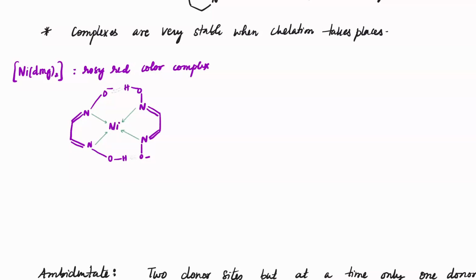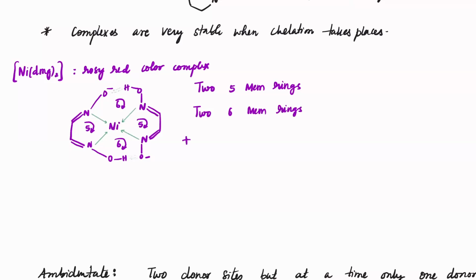Because of which, if you see the ring size, this side it is a five-membered ring. This side it is a five-membered ring. And due to hydrogen bonding, this side it is a six-membered ring. This side also it is a six-membered ring. So you can see there are two five-membered rings and two six-membered rings forming.